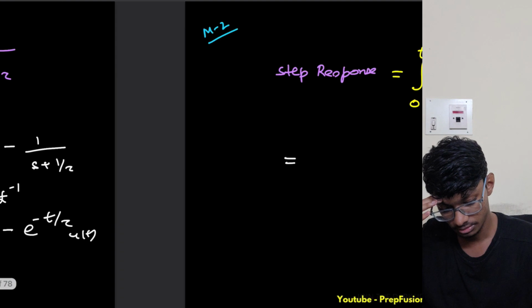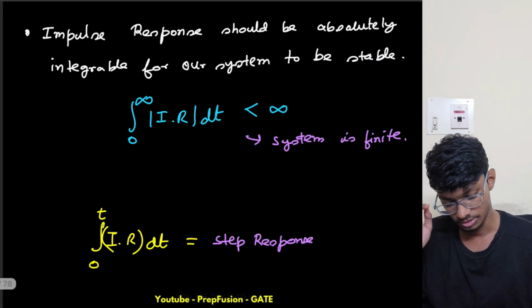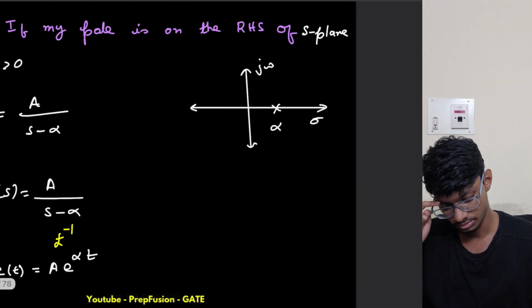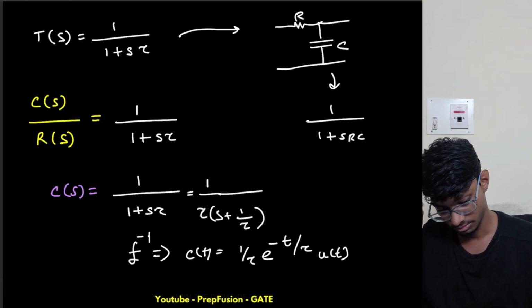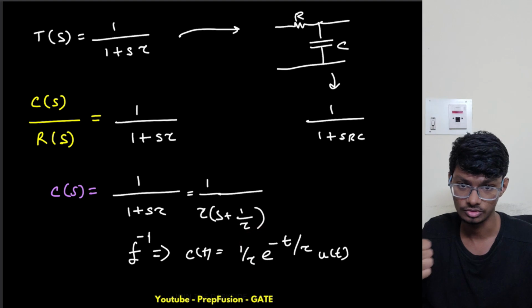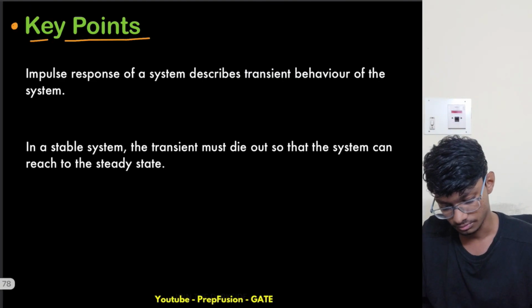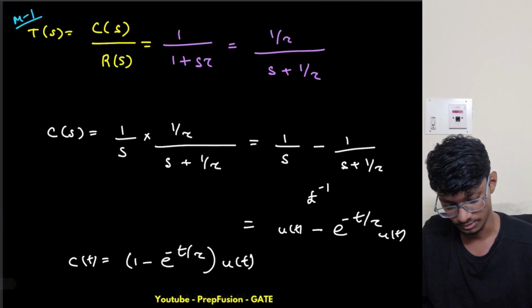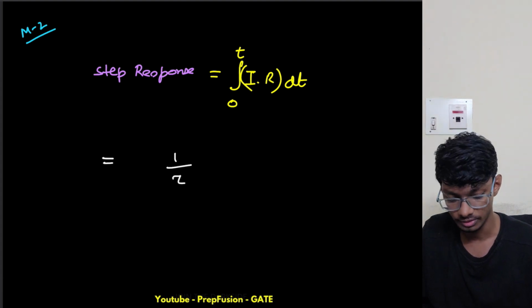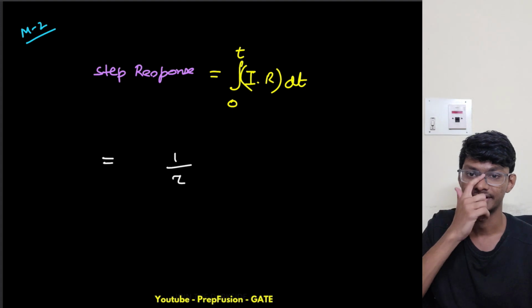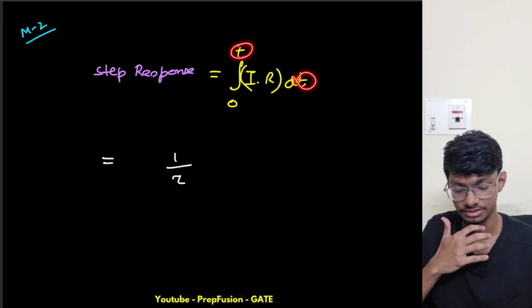So what is my impulse response? Impulse response was this one: 1 over tau e raised to power minus t upon tau. What I will do is make this t dash, because I will get confused with the other t.